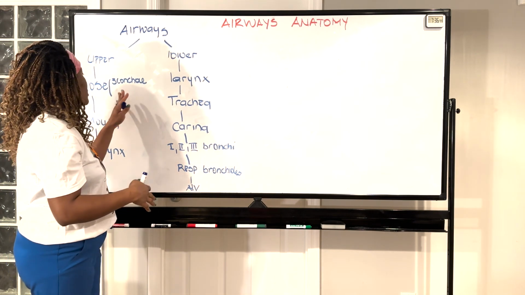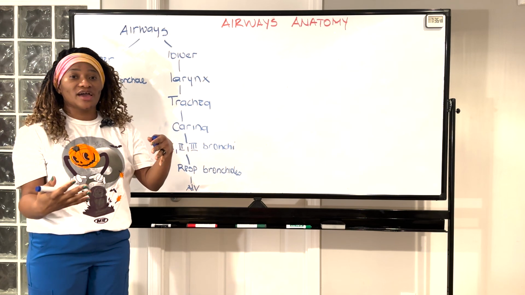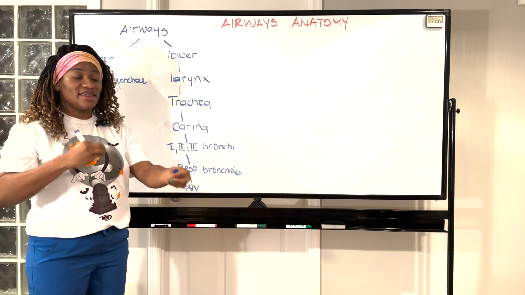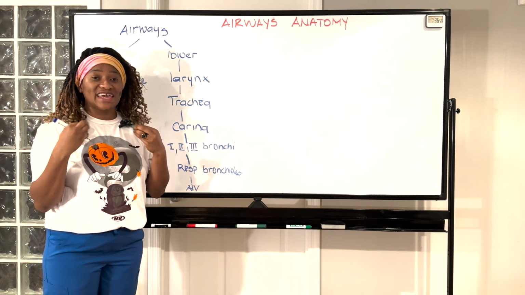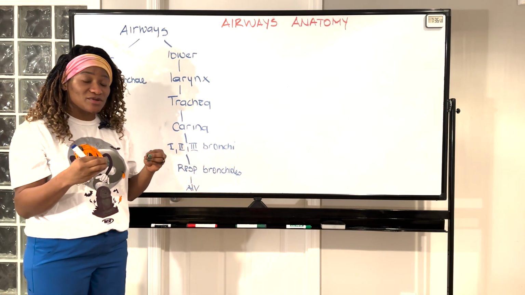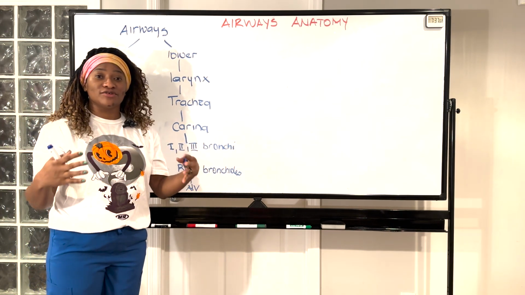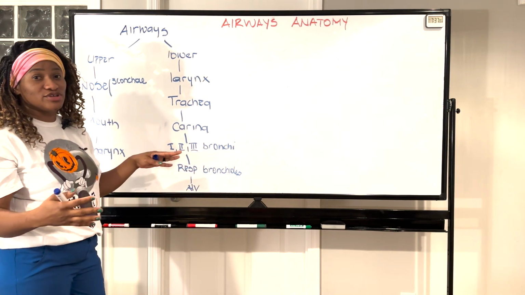And they're going to do that through the meatus. Underneath the conchae, we have three meatus that also create a turbulent flow so that the air that we inhale is going to get in contact with the mucosa. So the mucosa are going to filter and warm that air. This is the main role of the conchae.